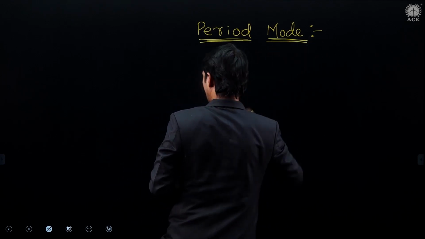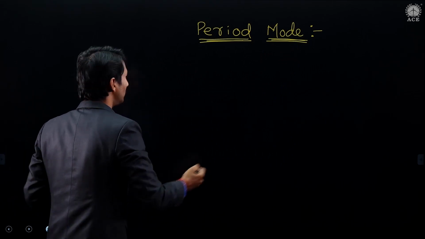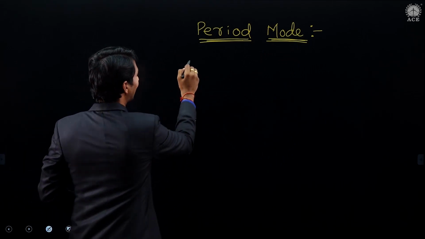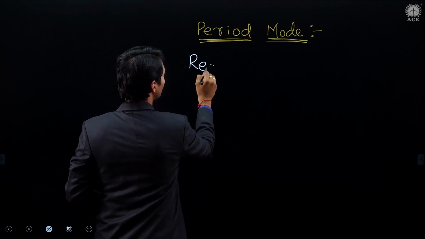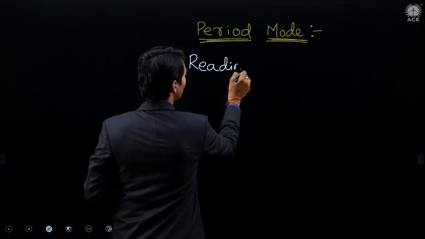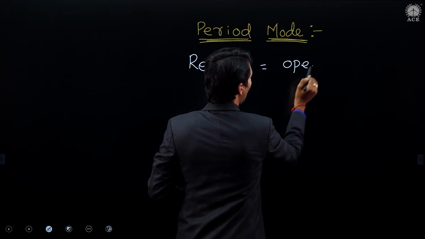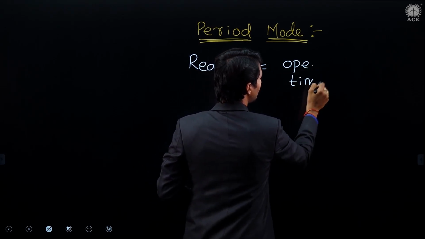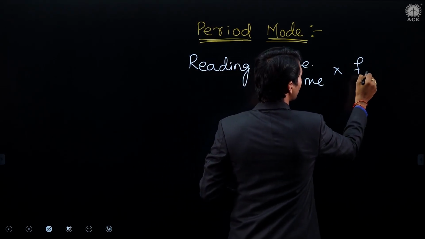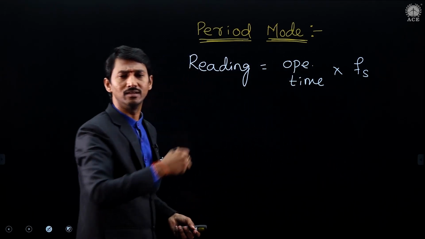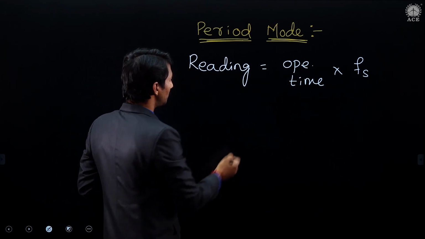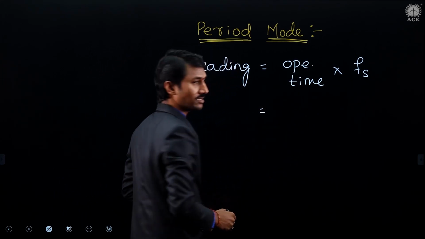Period mode. What is the formula again? In any mode, the formula is reading is equal to operation time into the frequency of the corresponding supplier. What is the operation time?